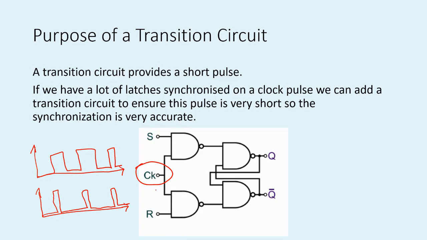Which means your synchronization is much better because it's giving a very, very short period of time to read what's happening at set and reset, and therefore if you've got multiple latches, they're all reading it at a very particular point in time. So it's really about synchronization. So that's the purpose of this. In the exam, if they ask you what's the purpose of a transition circuit, and they've asked you to analyze one, then asked to give the reason, you just need to say that it creates a short pulse for synchronization.